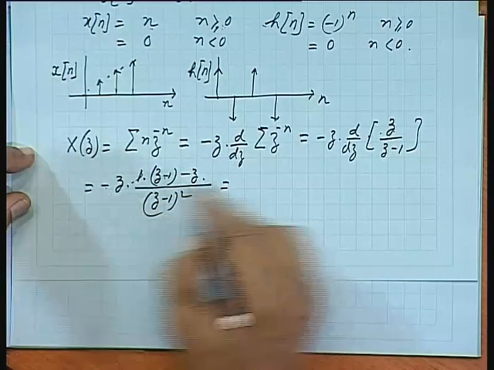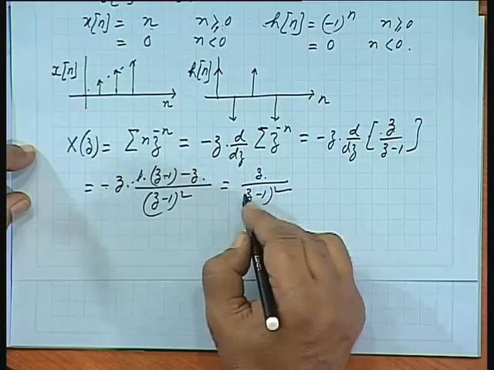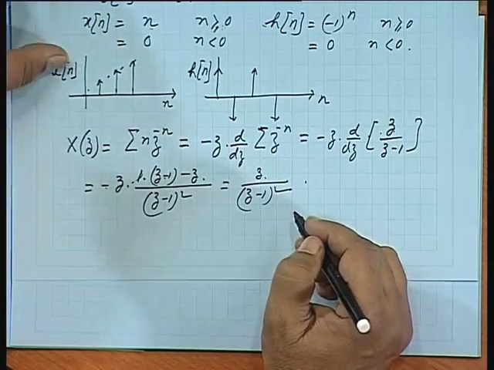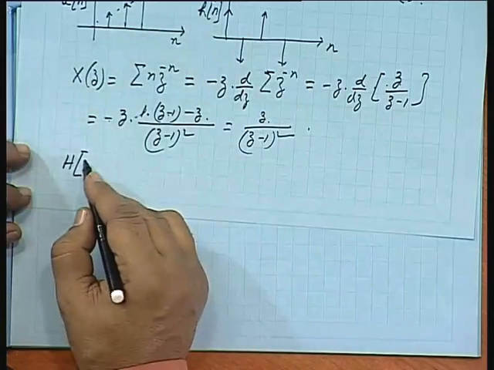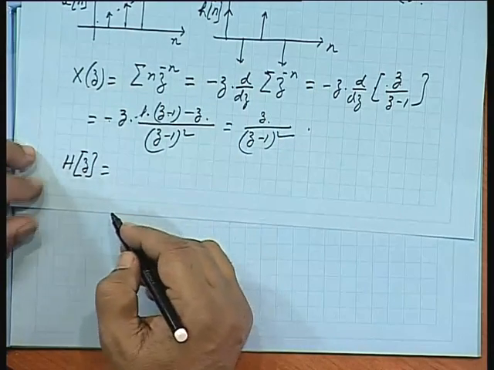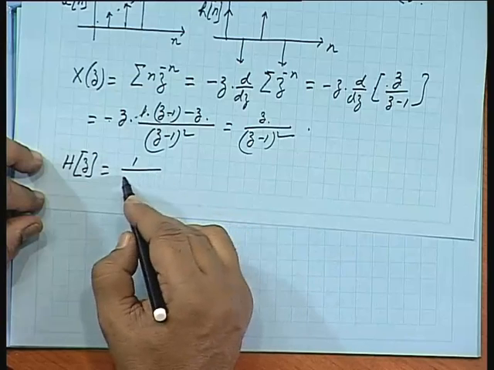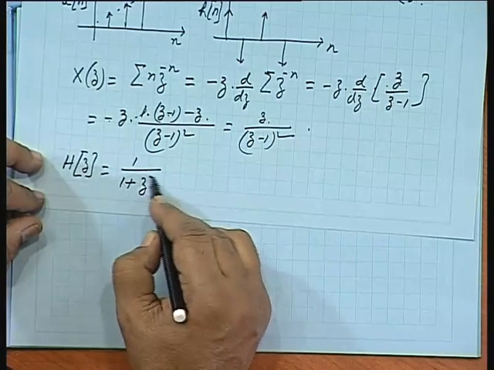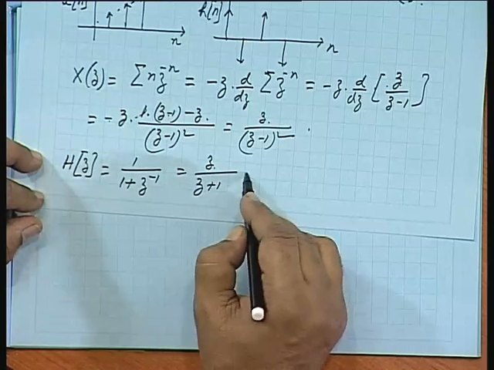So minus 1 and minus will make it plus z by (z minus 1) whole square. Is it okay? What will be h n, H(z)? H(z) will be 1 by 1 plus z inverse, which means z by z plus 1.